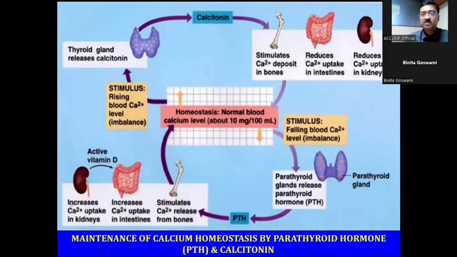What happens when serum calcium decreases? A positive stimulation goes to parathyroid, so it starts its action to restore the calcium. And when there is hypercalcemia, a positive stimulus goes to calcitonin, so it increases its function to do the opposite thing.